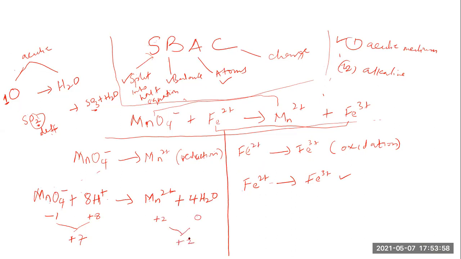So what must I do to have the charge balanced? Since we have said that reduction is gain, this one must gain 5 electrons.